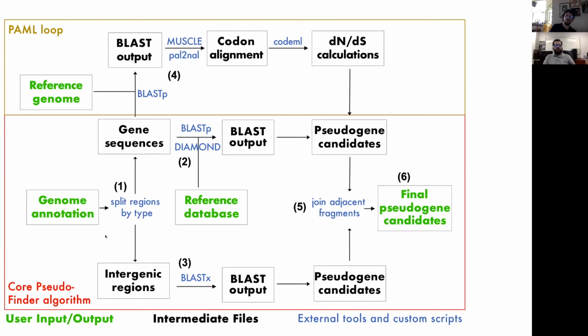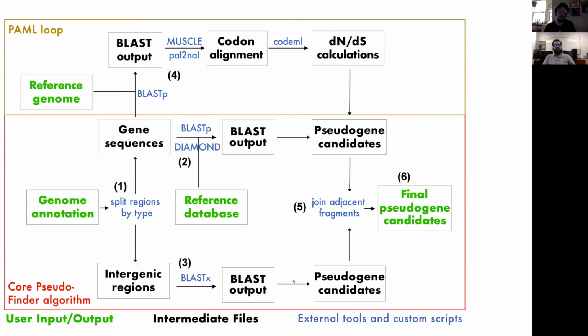So PseudoFinder extracts these intergenic regions and BLASTs them against a reference database, and it also BLASTs the gene sequences themselves. And then by analyzing the BLAST output, we end up with pseudogene candidates.